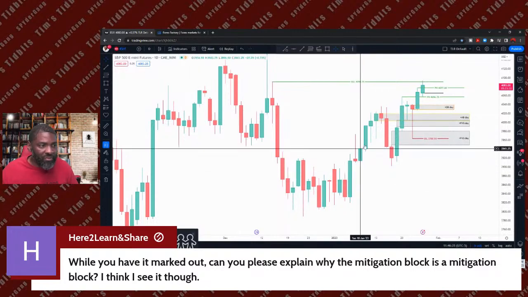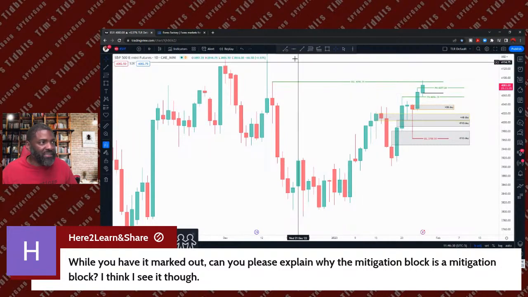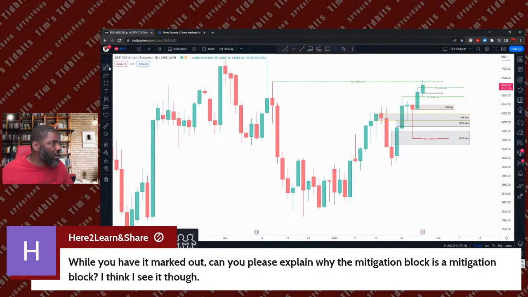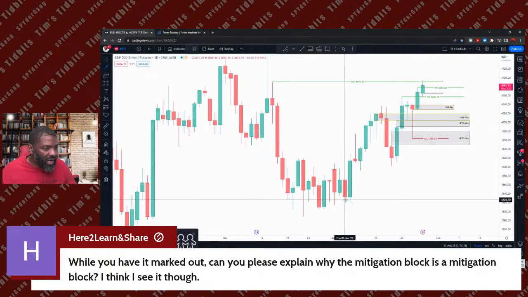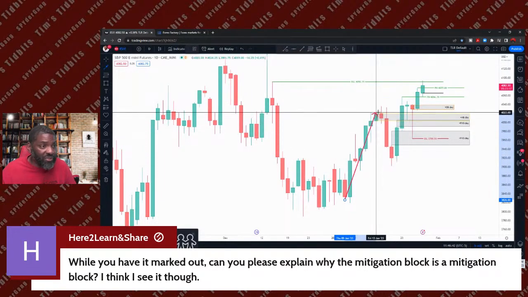So this price leg right here, that price leg right there. Yeah, the mitigation block fails, right?